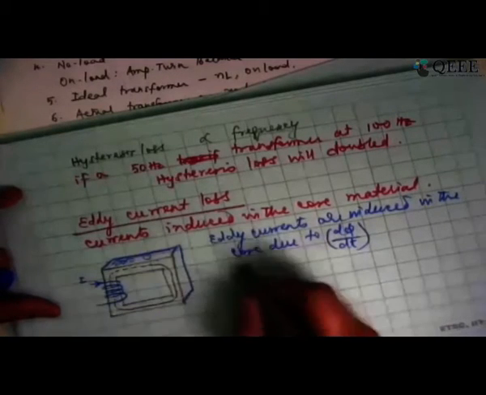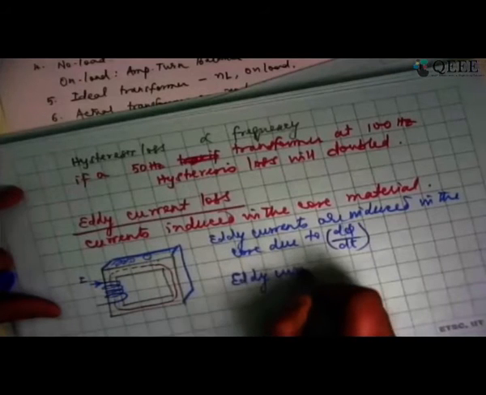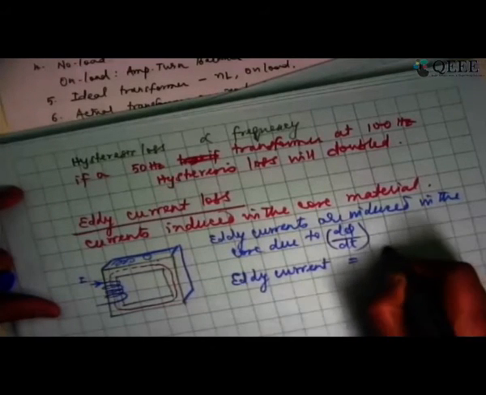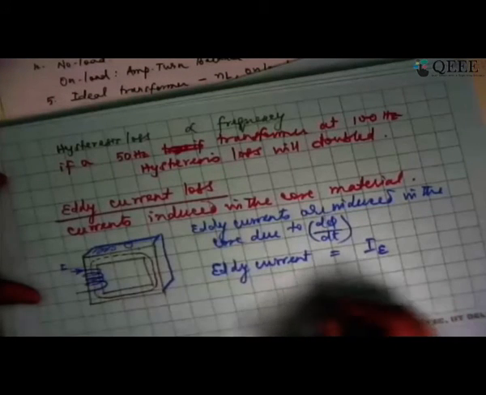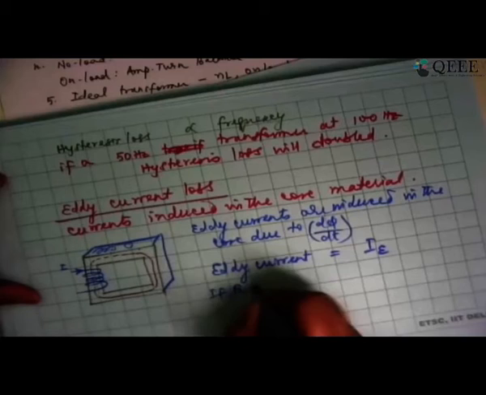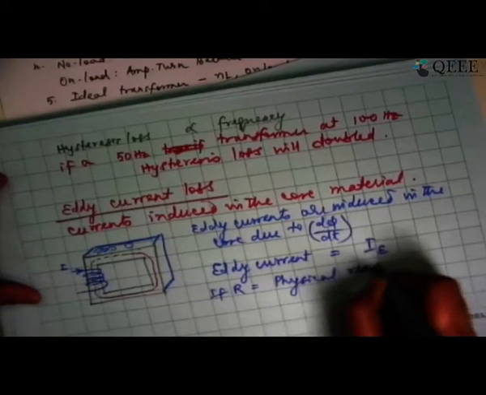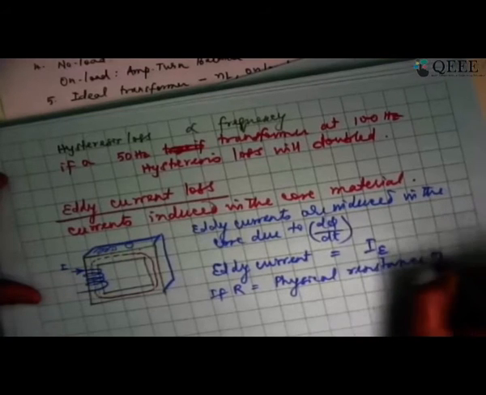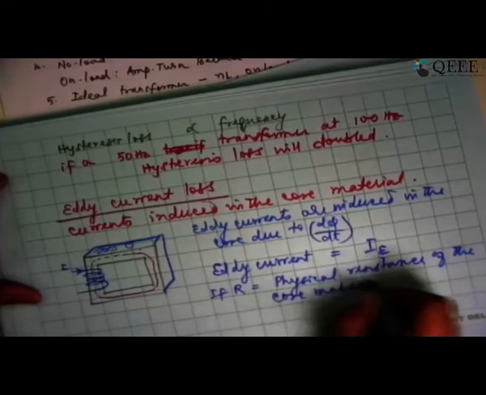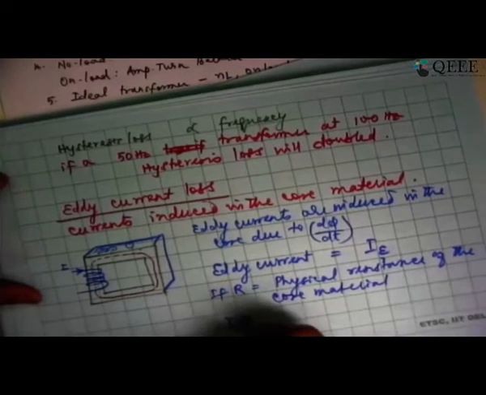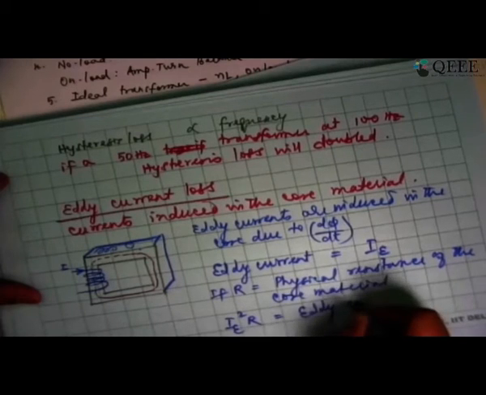So what is going to happen is, if I call this eddy current equal to some IE, this is the current that is flowing through the core material. If R is the physical resistance of the core material, then I am going to have IE square R as the eddy current loss.